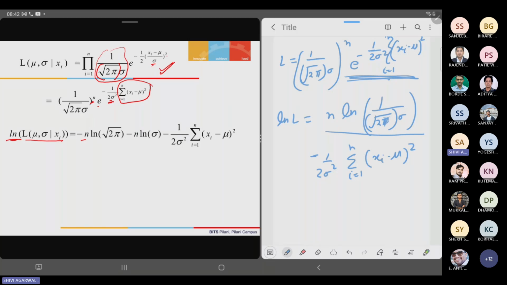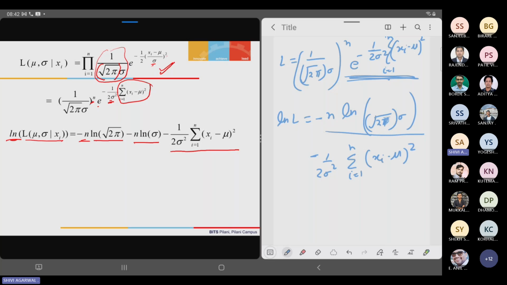Because it is 1 upon this, we take the minus sign and remove the 1 upon. So what we have is minus n ln of under root 2 pi, minus n ln of sigma, and minus 1 upon 2 sigma square summation i equal to 1 to n xi minus mu whole square. Now you got it. It is a simplification when we are taking the logarithm.